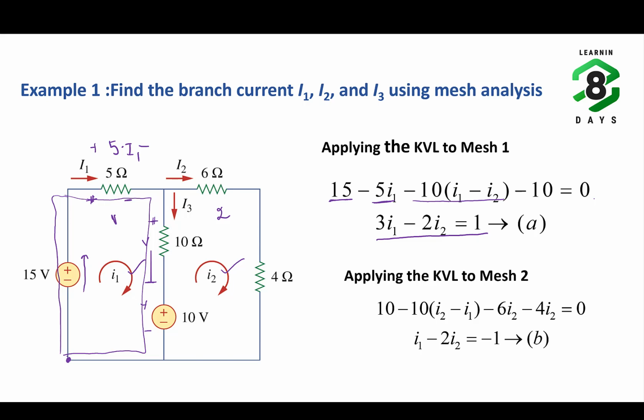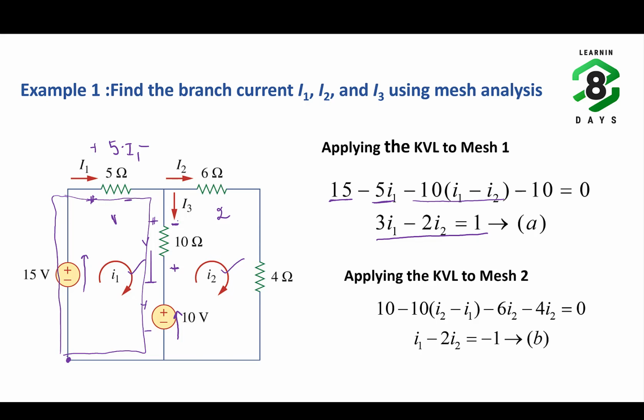Next, if you apply KVL to mesh 2, if you are traversing in this direction, it is a potential rise, so positive symbol. Across this 10 ohm resistor, now in our current traversal direction the net current is I2 minus I1. So it is current entering terminal positive, current leaving terminal negative. So what will it become?